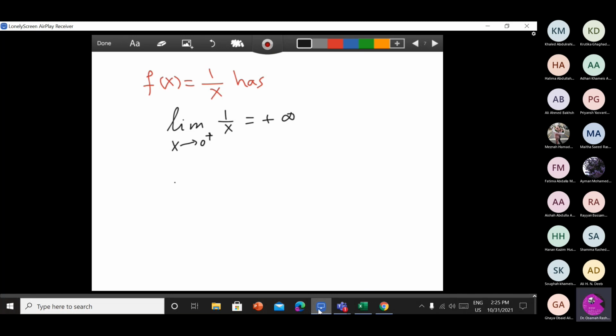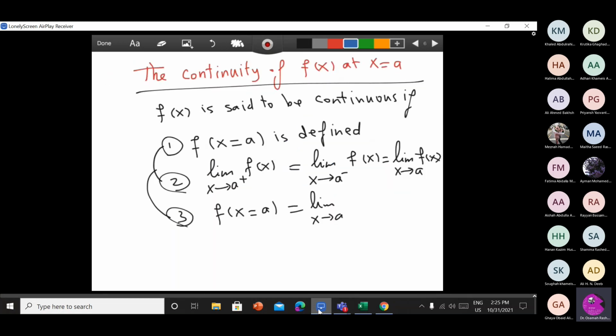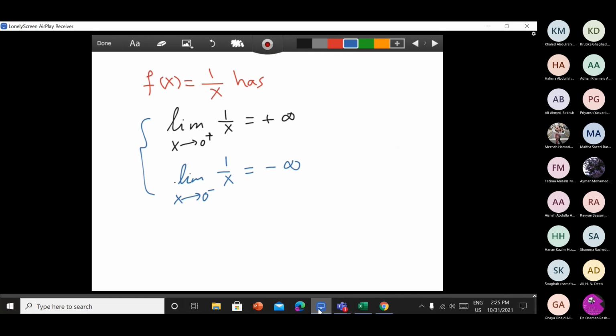And it has a limit when x tends to 0 from the left side, which will be negative infinity. These two must be equal, otherwise it will not be continuous, right? So this one is not equal to this one. So f of x, which is 1 over x, is not continuous.